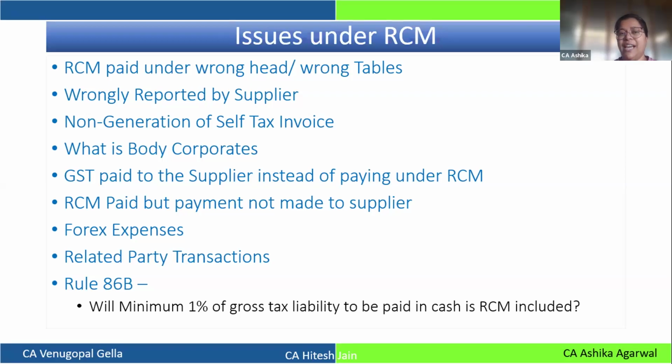I'm talking not about tax, I'm talking about the value plus tax, payable to the supplier. So you have to pay the invoice value to the supplier within 180 days. When it comes to RCM, if you read the condition for claiming the ITC, the condition is that it should be based on a self-tax invoice, subject to payment of tax.